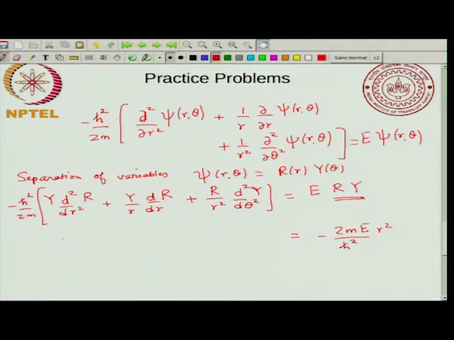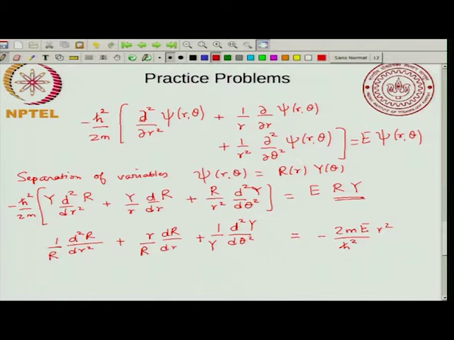Okay. And what I will get here is d square R by dr square times 1 by R, okay, plus r times dR by dr divided by R, plus d square Y by d theta square times 1 by Y. Okay.